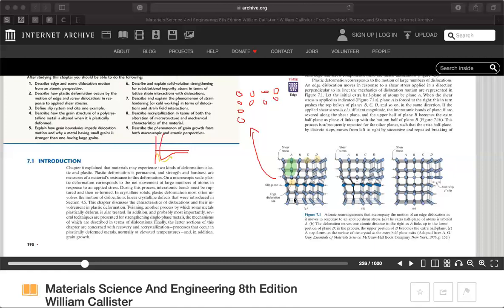Yes. If the dislocation continues, it should be compressed. So you think here the atoms will be compressed, so they will come closer to each other in this region?